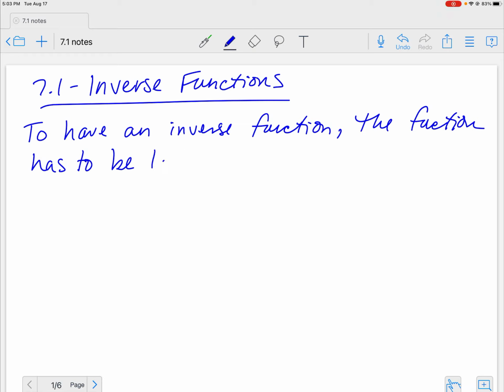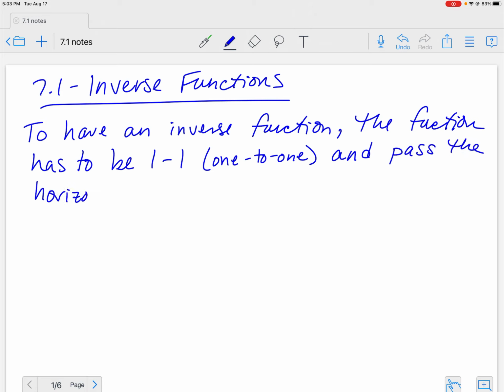Let me make that to where it doesn't look like an H, which means 1 to 1, and pass the horizontal line test. Horizontal line test. So in order to have an inverse function, that's what you're looking for there. So it has to pass that horizontal line test in order to be able to pull that off.